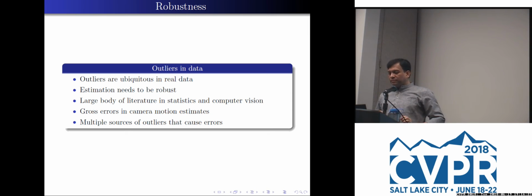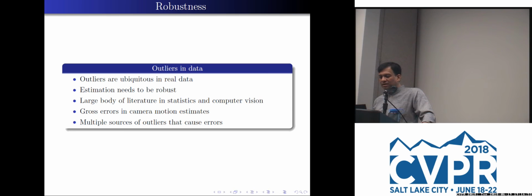What we did till now is we looked at the group structure and we tried to address the question of how you do motion averaging on the groups. But there is this other problematic business that we have to deal with in real world data, which is the presence of outliers. There are many scenarios where you can have outliers in your feature representation, which can give rise to gross camera estimation errors.